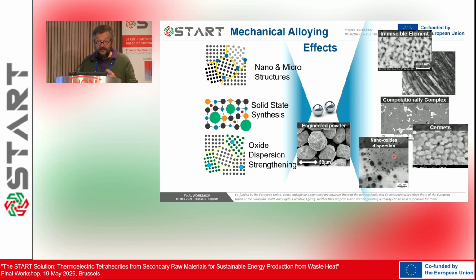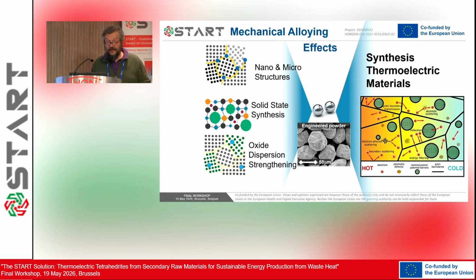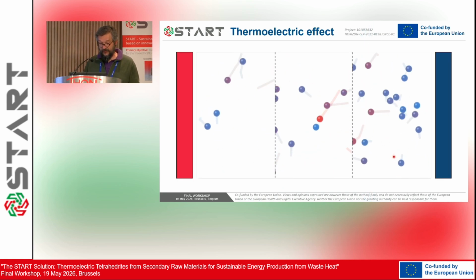But although this seems to be not pertinent to the thermoelectric system, the nanostructure also has meaning for the thermoelectric system, because the abundance of grain boundaries is helping in the thermoelectric effect by reducing the thermal conductivities, while the electrical conductivity is well kept.